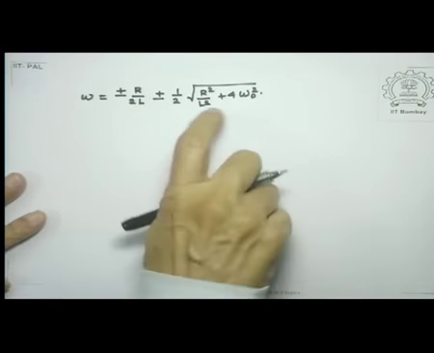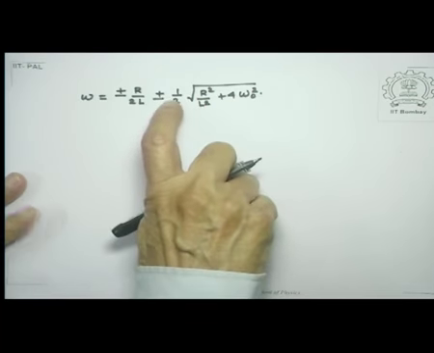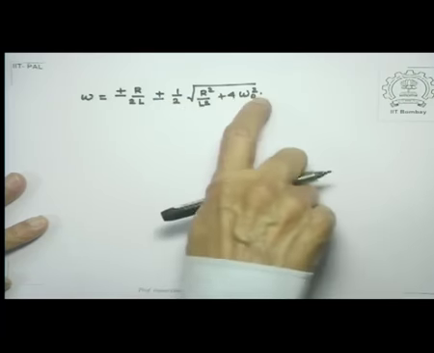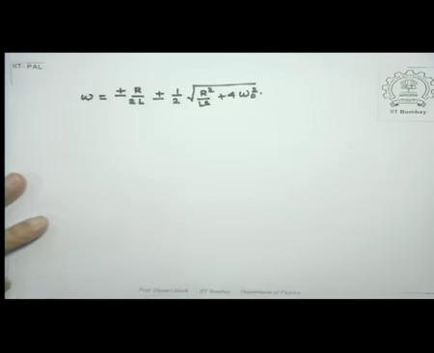Now I have to choose this properly, because if I choose the negative sign, this term will dominate because its magnitude is greater than R by 2L.